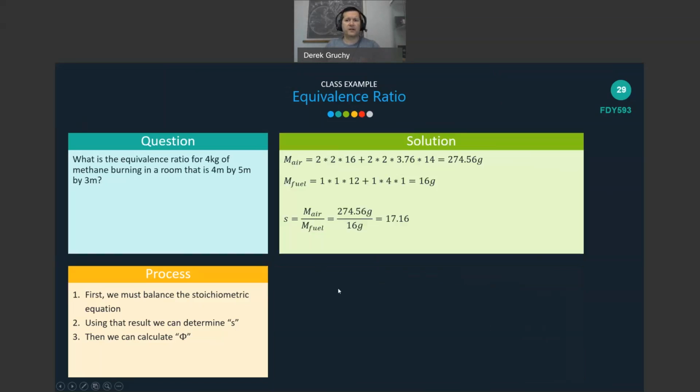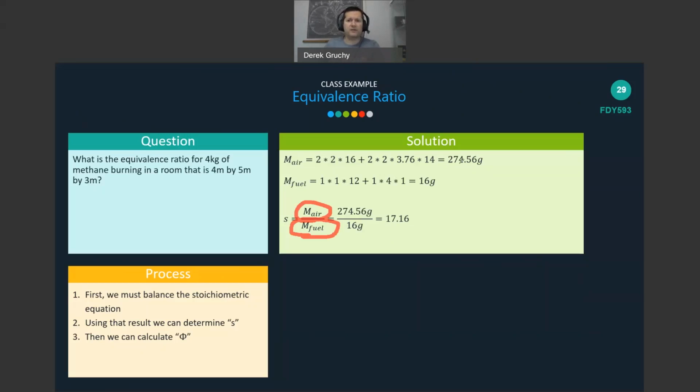So in order to figure out the equivalence ratio, first we have to do that stoichiometric ratio. And we said that that is the ratio between how much 1 mole of air, the combination of oxygen and nitrogen, weighs, its mass, divided by the molar mass of 1 molecule of the fuel.